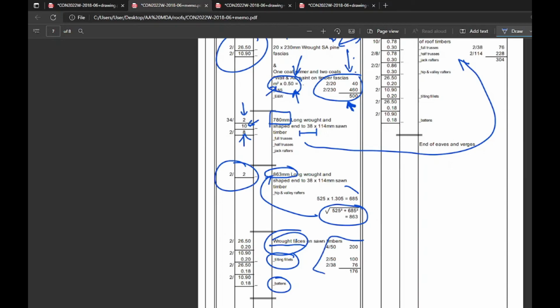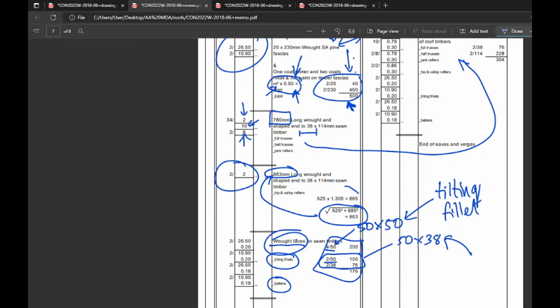It's a simple perimeter dimension of each piece of timber, right? That one is a 50 by 50, because it's obviously 4 by 50, it's 50 by 50. And this one goes together, I would say that's a 50 by 38. And just from our previous work, I said this one is a tilting fillet, right? And this one is just normal. What is it? Batten.